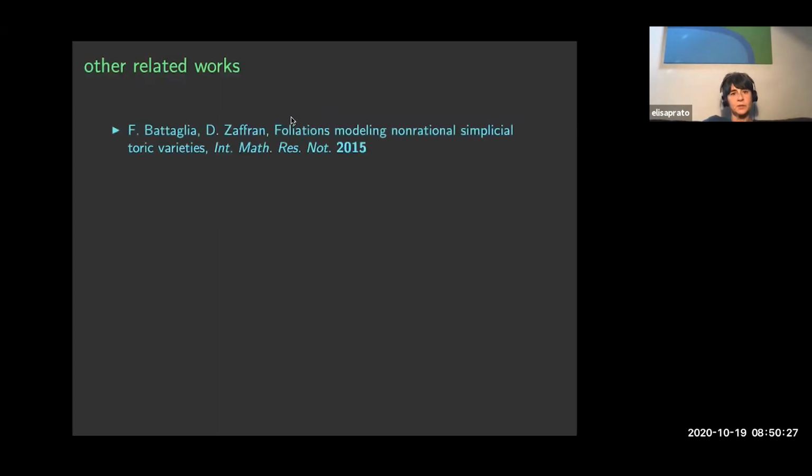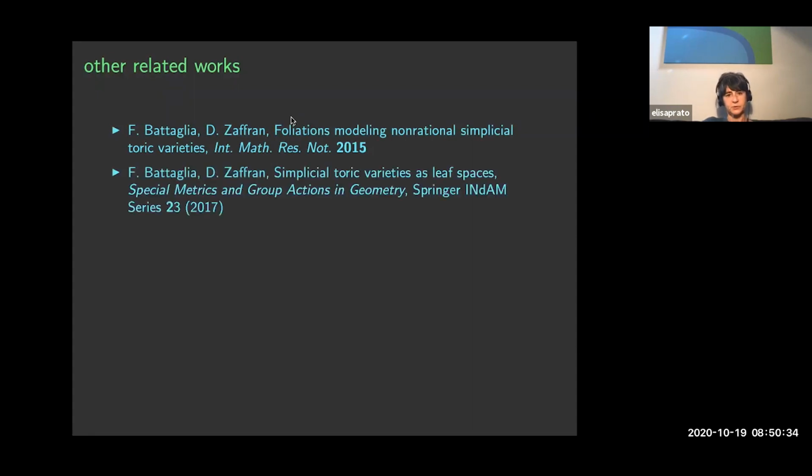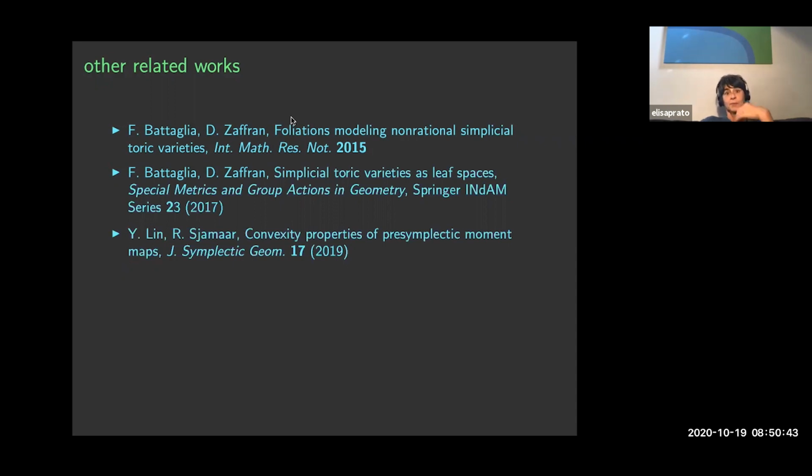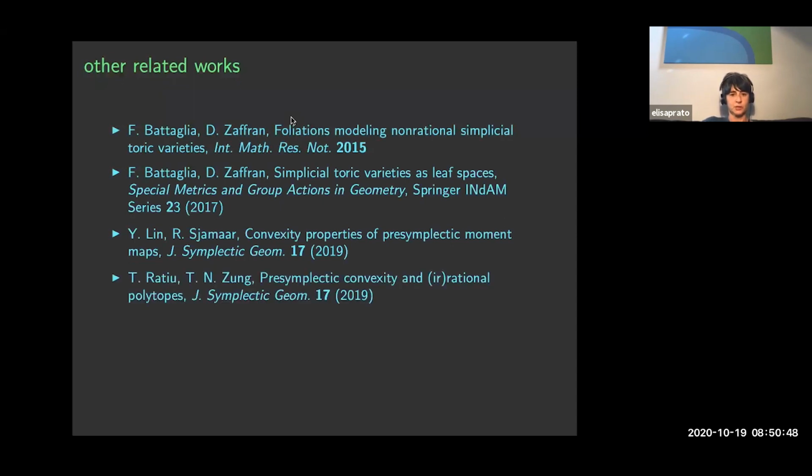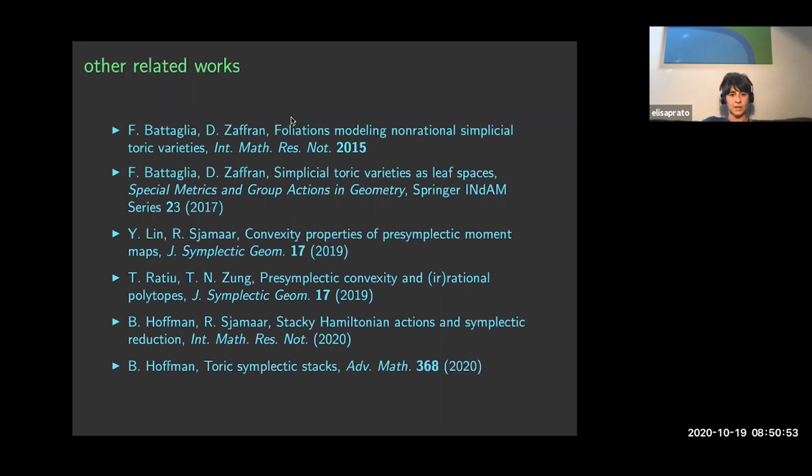Other recent works, besides the one which will be discussed, of course, Fiamma will talk about her work we've done on foliations, but besides this, I wanted to point attention to other works on non-rational polytopes, besides the one that I already discussed in the conference. There is a string of works of Jamar and Ratio and Hoffman on non-rational polytopes from the symplectic viewpoint.